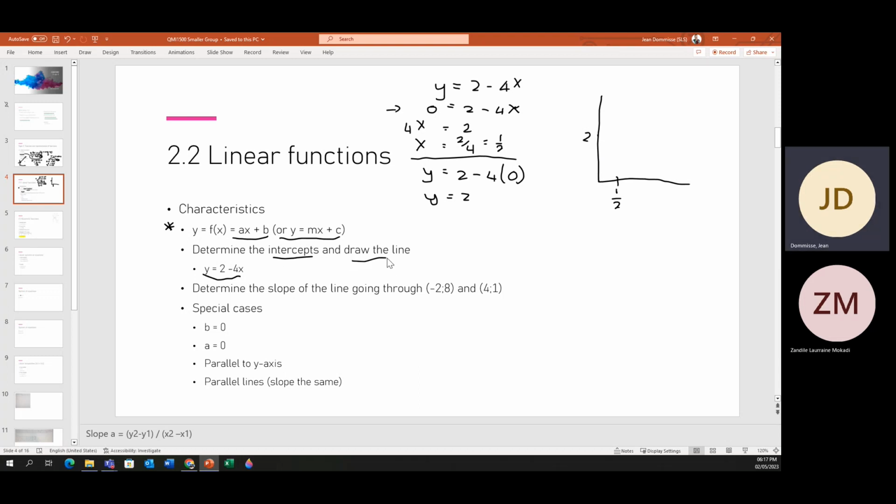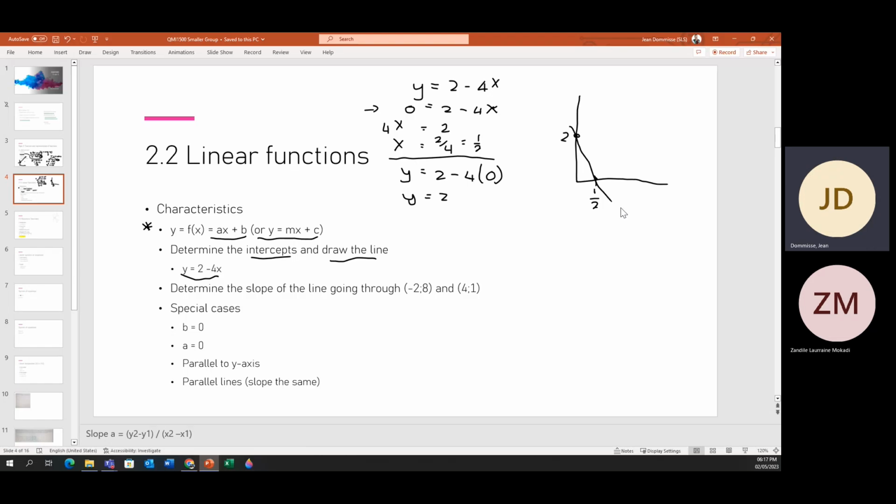And then if I needed to draw the line, the easiest is just to link these 2 points with one another. And there are your 2 points with the line through it. So that is a very quick illustration if you need to determine what the intercepts are, and when you need to draw the line.